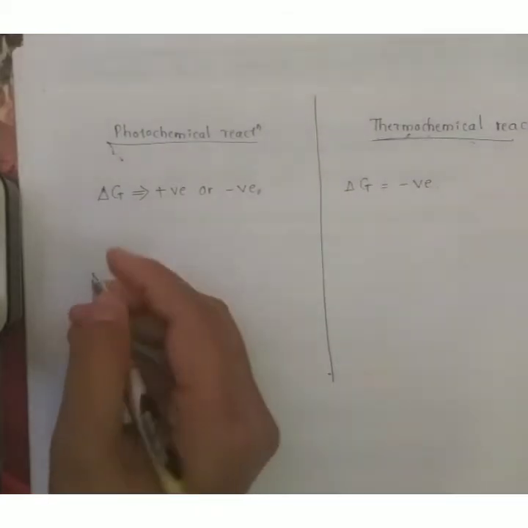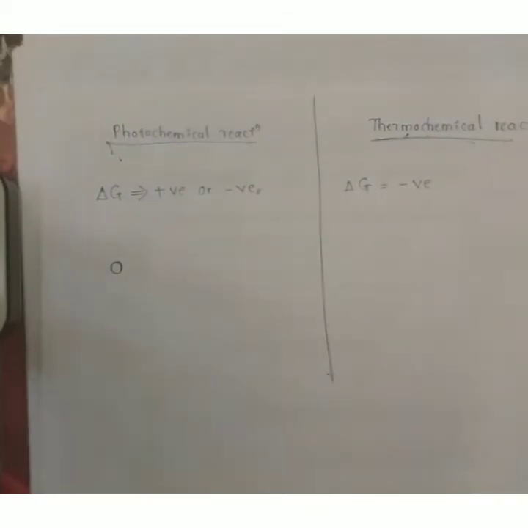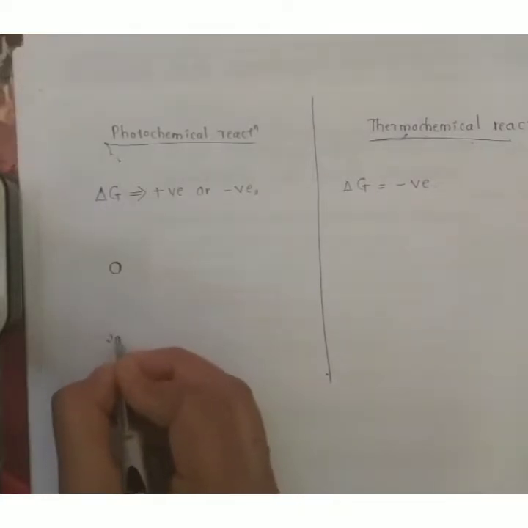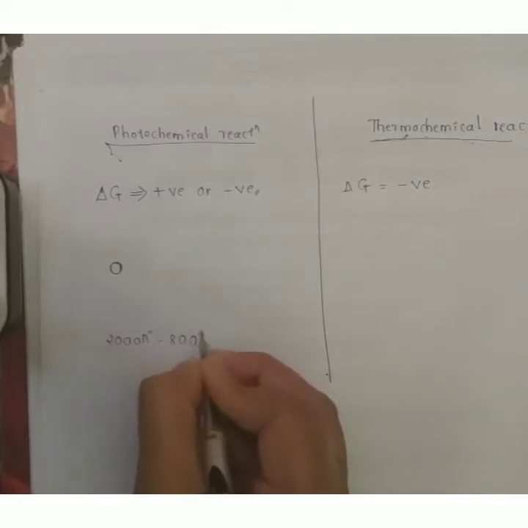For example, for photochemical radiation, I said that the radiation should have a range between 2000 angstrom to 8000 angstrom.